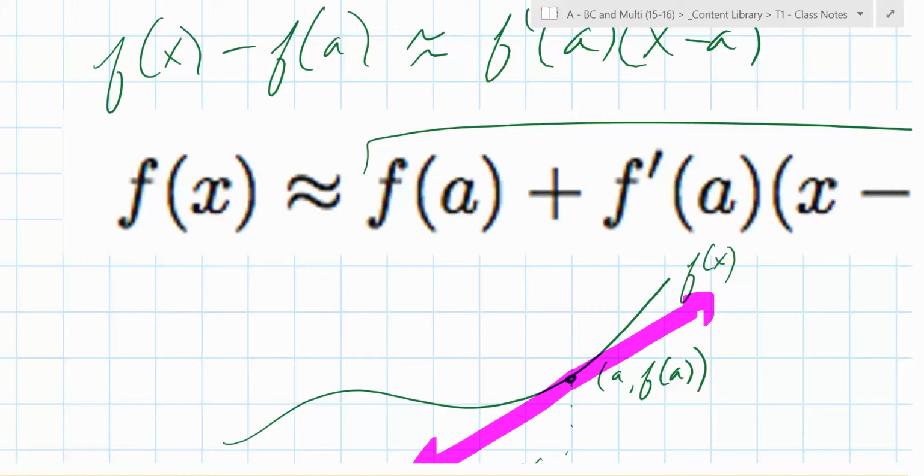The point is, we can use really long polynomials to estimate functions that are super nasty. There are functions that we have a really hard time dealing with. So we're going to break them apart into a million little pieces, and those little pieces are going to be a sequence that we add together.